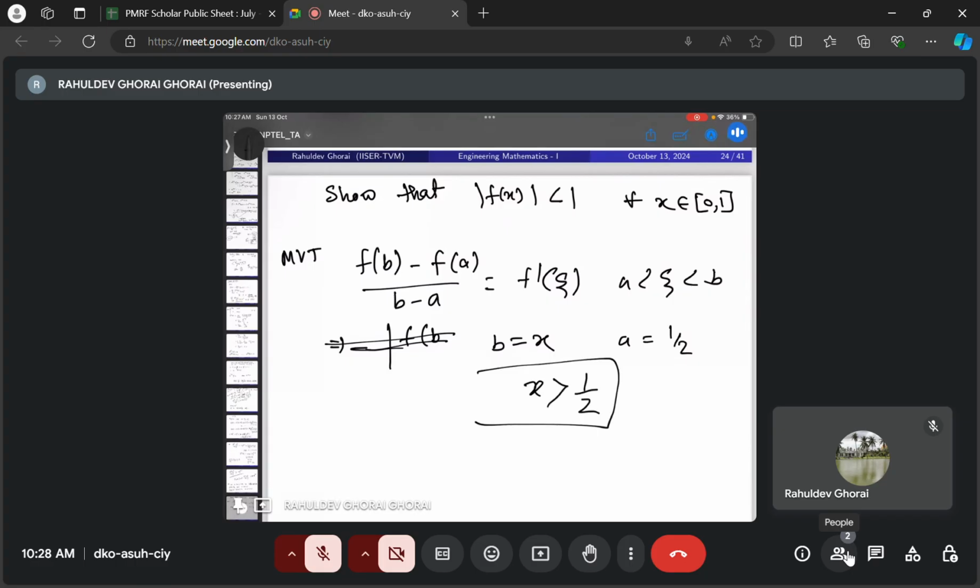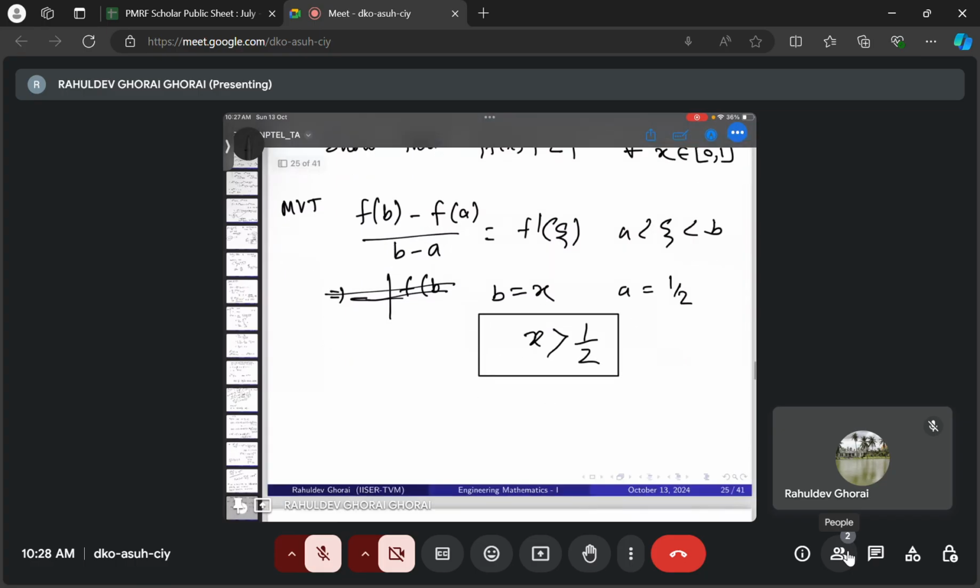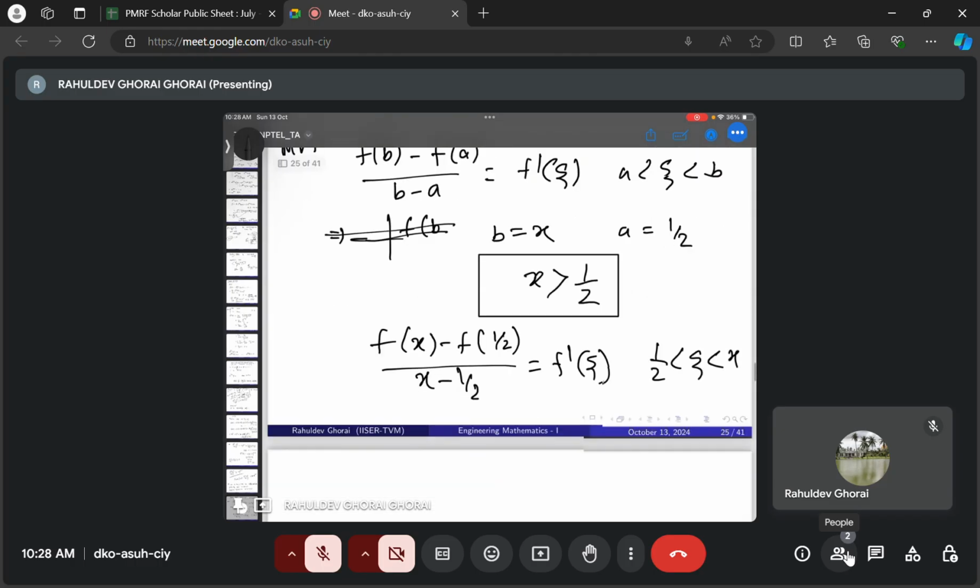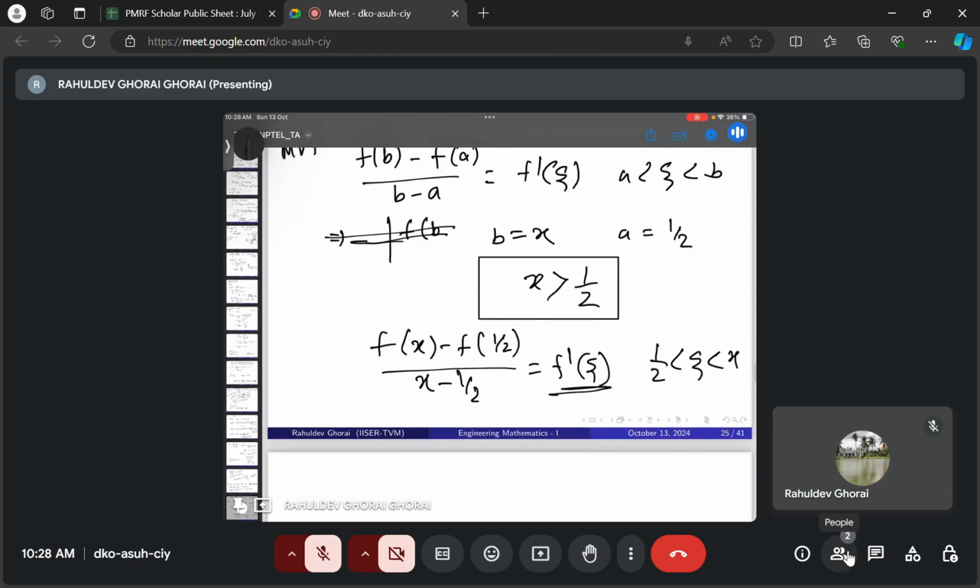So in this case, what will happen? (f(x) minus f(half)) over (x minus half) will be f prime (xi), where xi belongs to (half, x). But the modulus of f prime (xi) is less than 1.